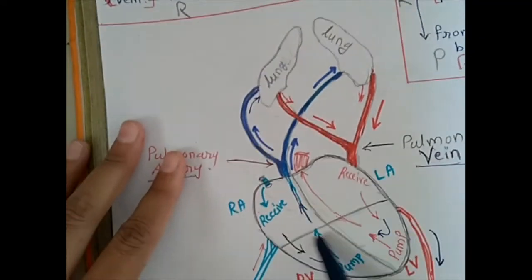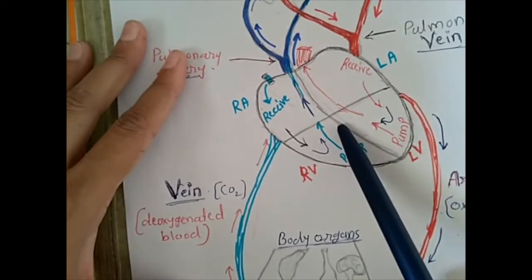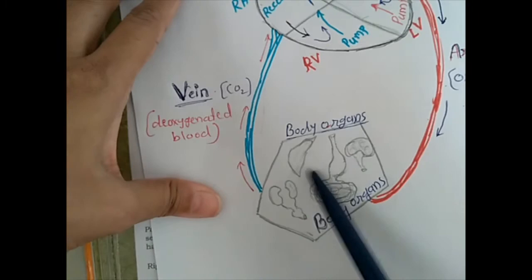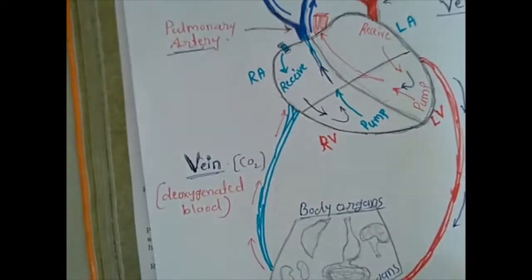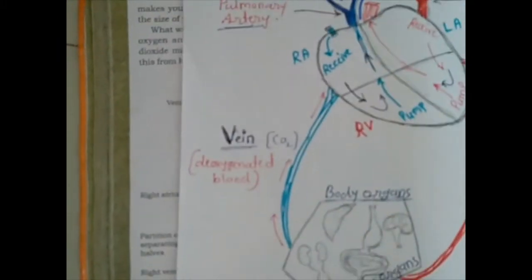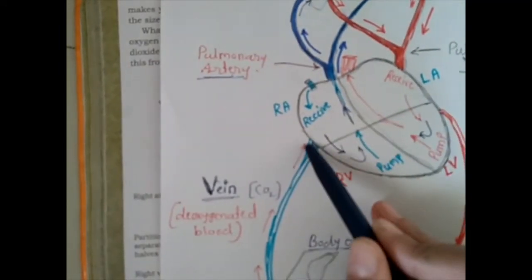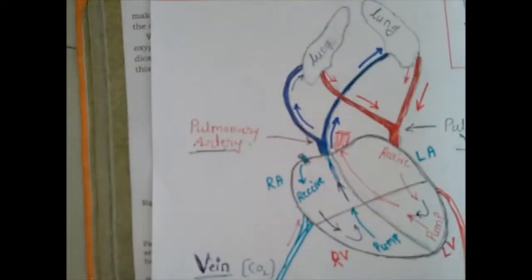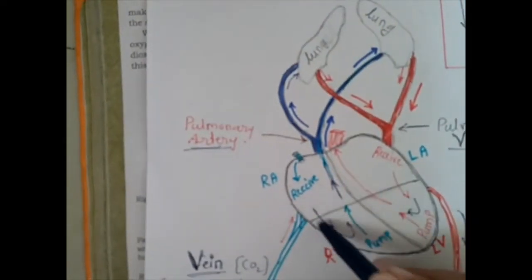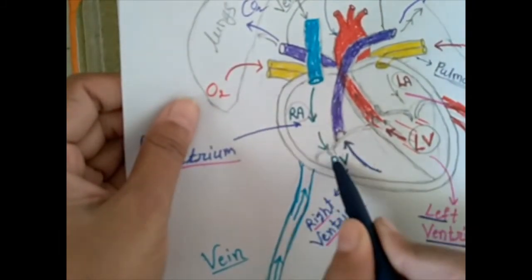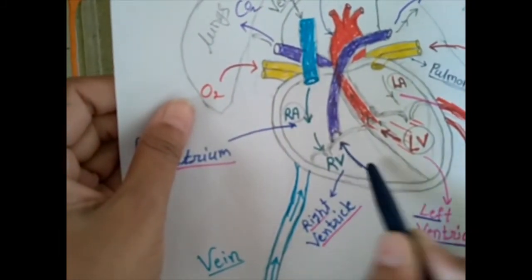From that body organ, veins carry blood towards the heart. It is received in the right auricle. Then from the right auricle, through the wall, blood enters into the right ventricle.